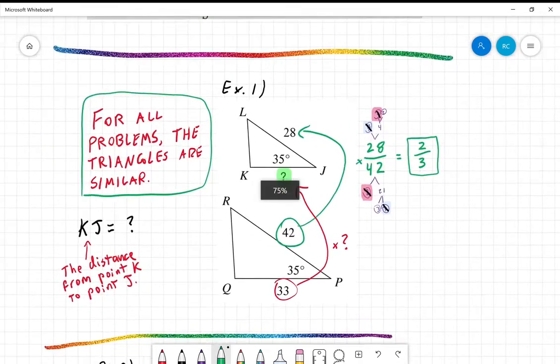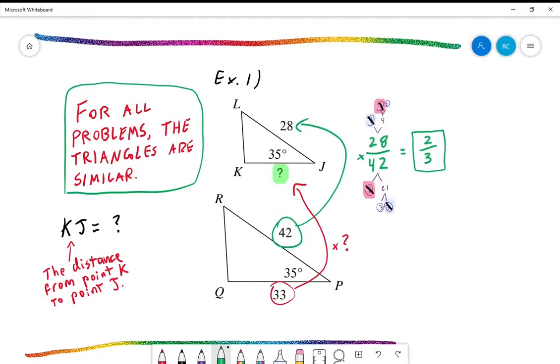Now see, if we had just plugged this into a calculator, we would have gotten 0.6666667, and then you would necessarily have had to round that off, which could have made your final answer inaccurate. So in this particular case, it's very important that we use fractions instead of being afraid of them.